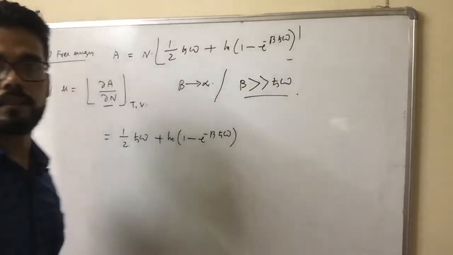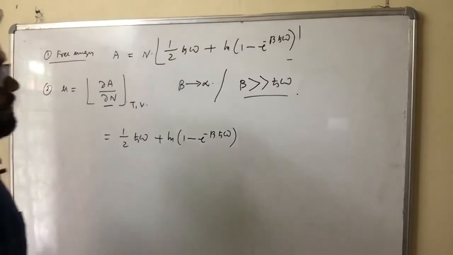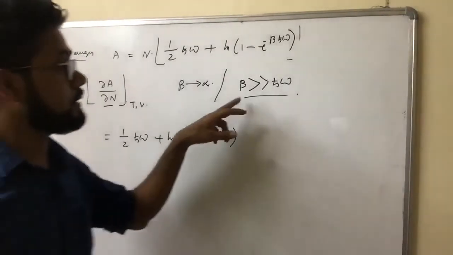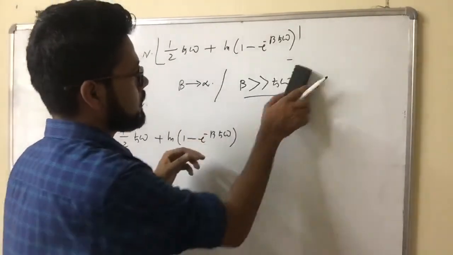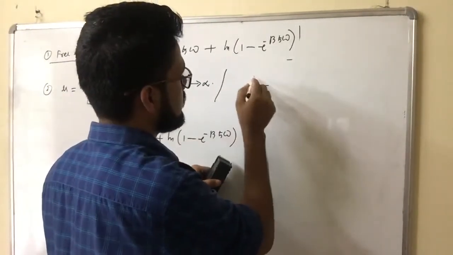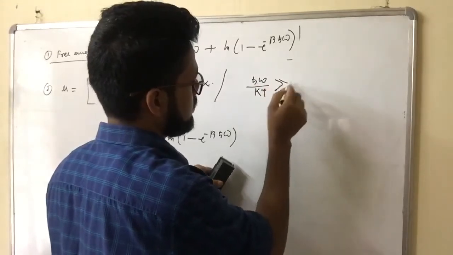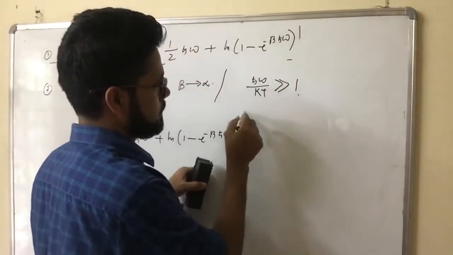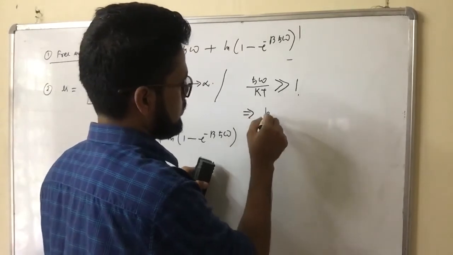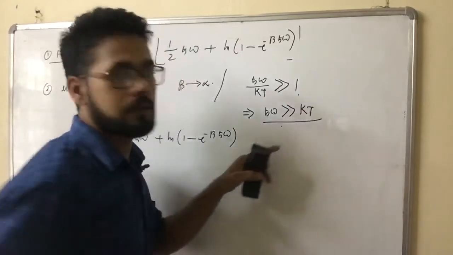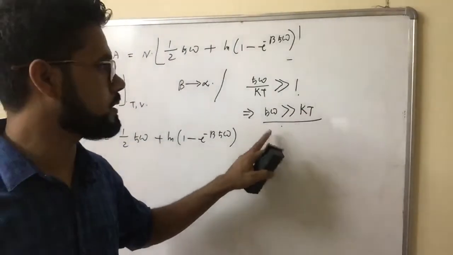Beta is h cos omega by kT, which is greater than 1, so h cos omega is greater than kT. This may also be given like this, so do not confuse this condition.